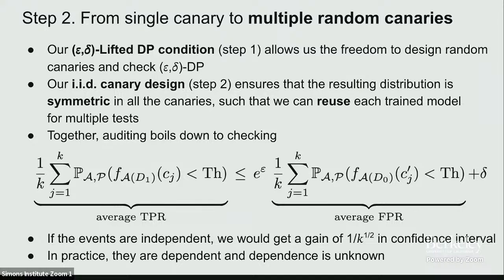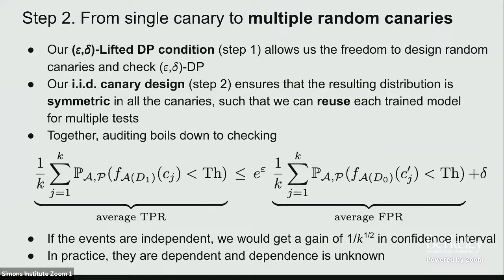Now, here's the thing. If these things here were truly independent, then we'd get that root k gain in the confidence interval. But we have no guarantee that these statistics, these Bernoulli random variables, are actually truly independent, right? That's the issue that we're facing here.